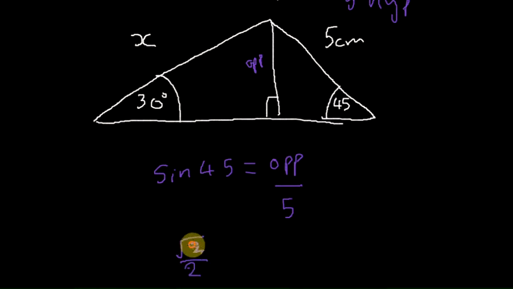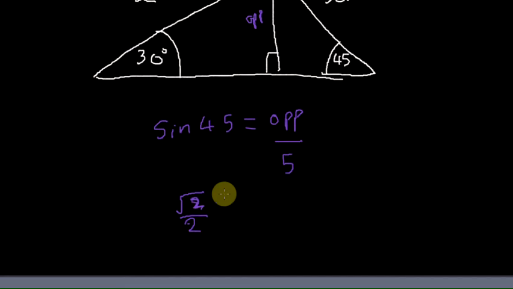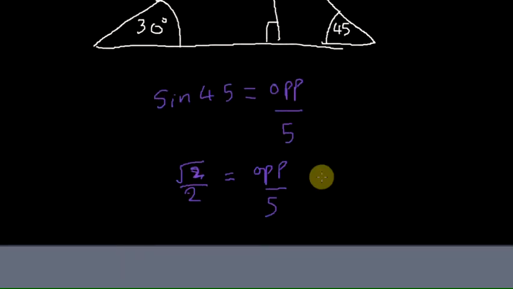So let's just stick that in: opposite over 5. And we end up with the opposite as being 5 square root 2 over 2.